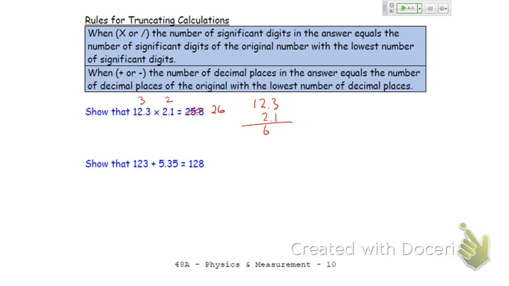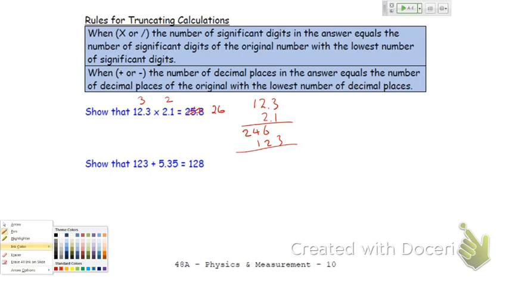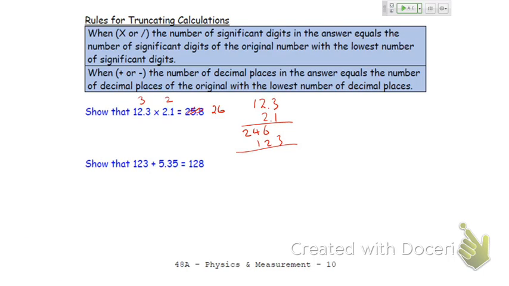2 3s are 6, 2 2s are 4, 2 1s are 2, 1 3 is 3, 1 2 is 2, 1 1 is 1. Let's change pen colour so you can see this bit of working in a different colour. Let's do blue. Well, that's an uncertain 3, isn't it? And that's an uncertain 1.